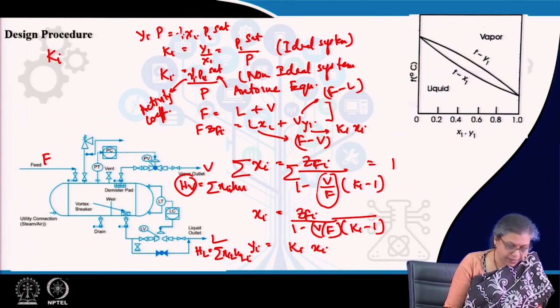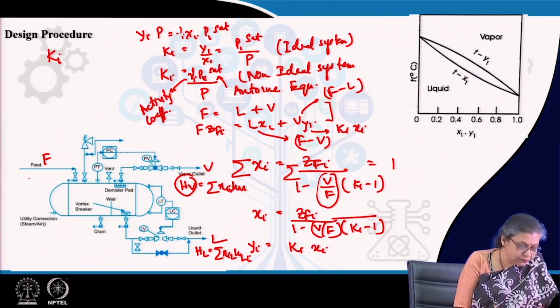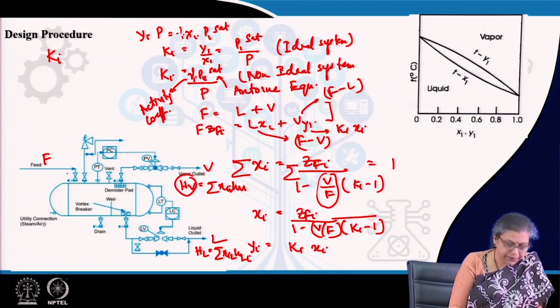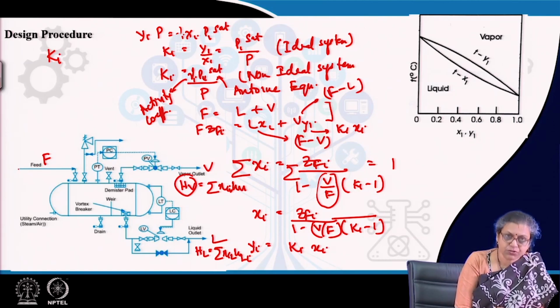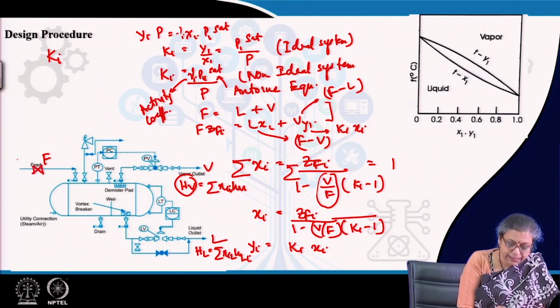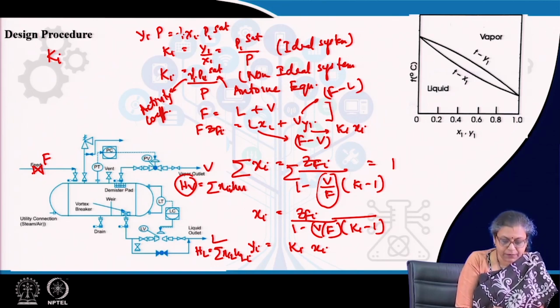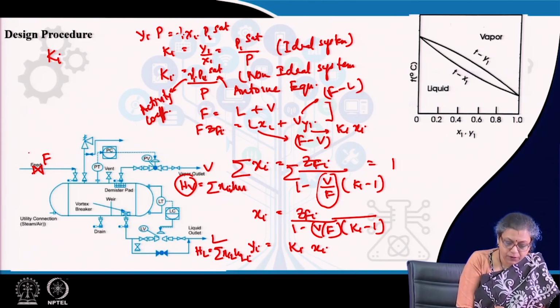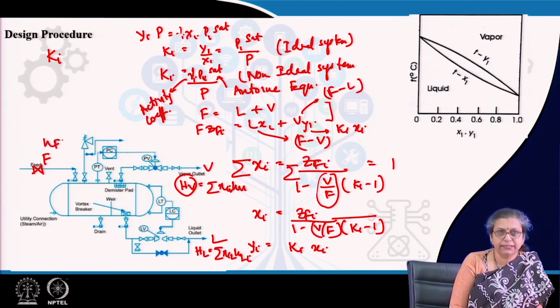So, therefore, we can find it out. We know what is the enthalpy which is entering from the feed. The feed was throttled. When it was throttled, the enthalpy just after the preheater is the same enthalpy once it is throttled. So, therefore, we are in a position to find out HF.